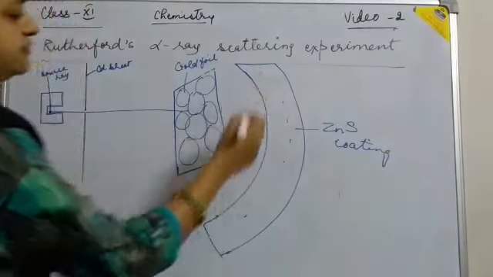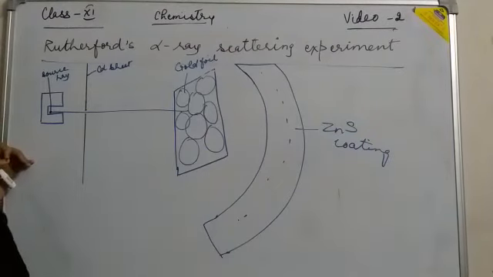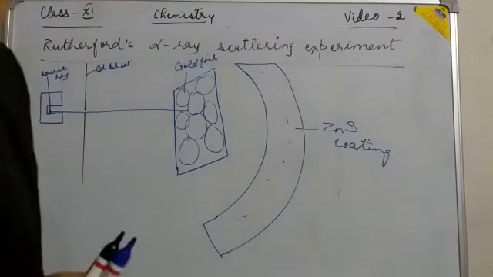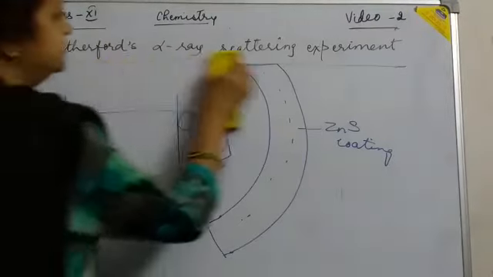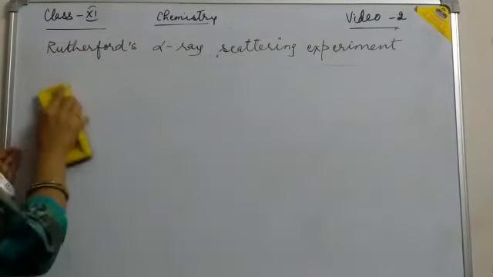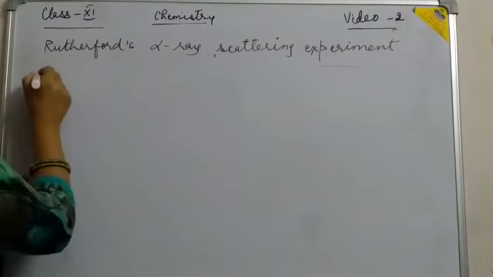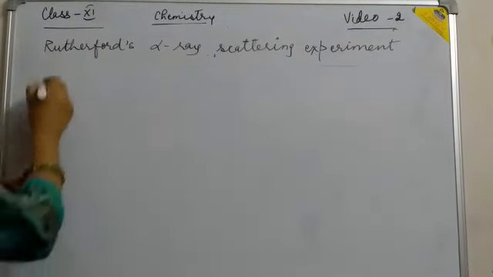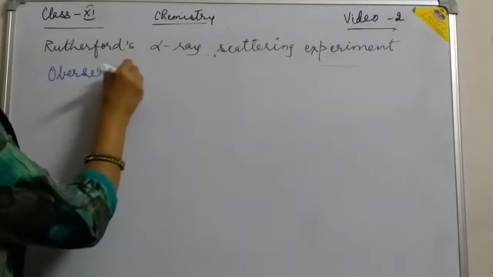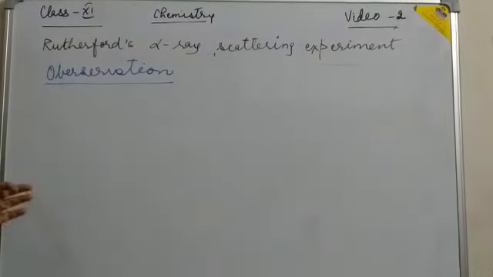By the observation of these pictures, Rutherford concluded some ideas. As a class 11th student, you all know what the observations and conclusions of Rutherford are. Observations and conclusions of the Rutherford alpha ray scattering experiment.